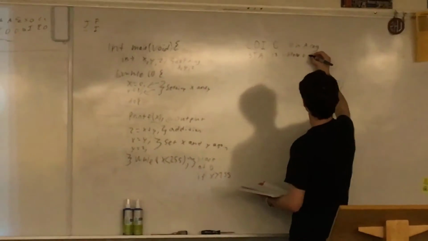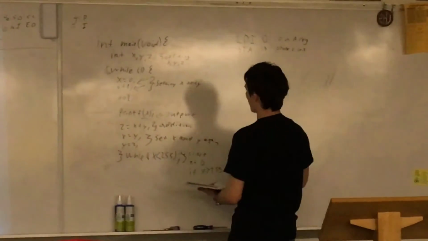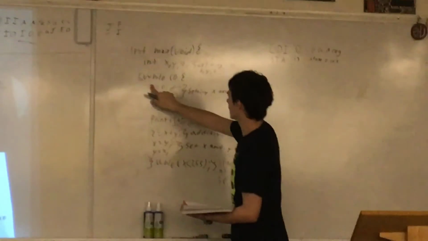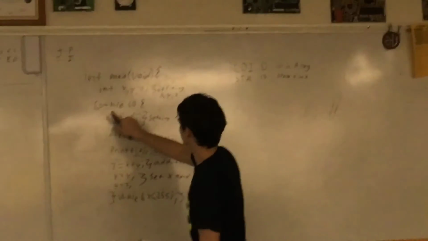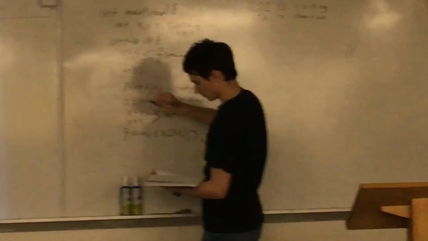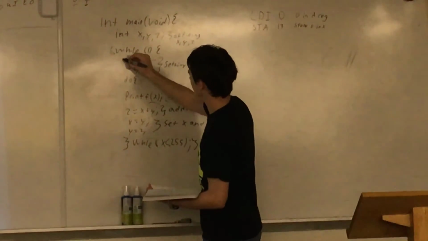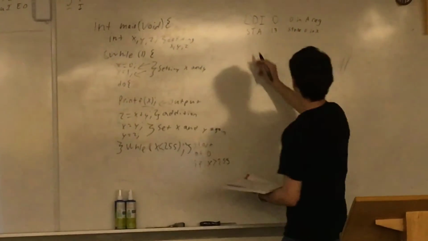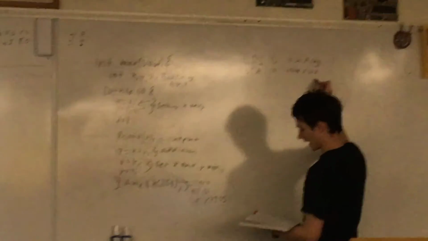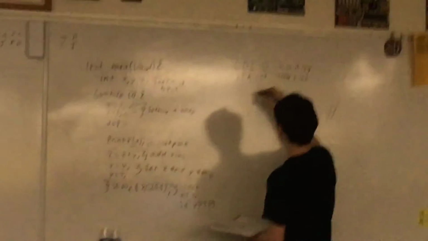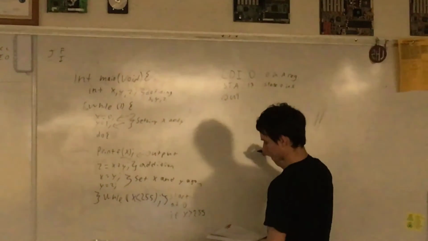Store 0 in X. This is reversed. I'm going to change this quickly. Actually, no, this is fine. Never mind. So we're going to store a 13, which means we're going to store a 0 in X. Then we can do an output. So that would output the result, which is going to be 0.